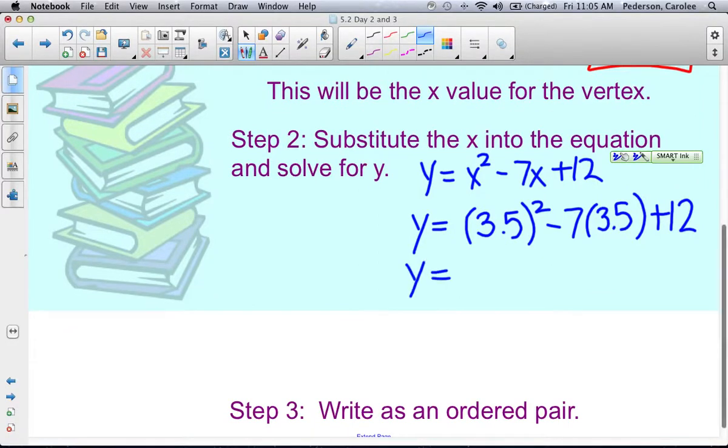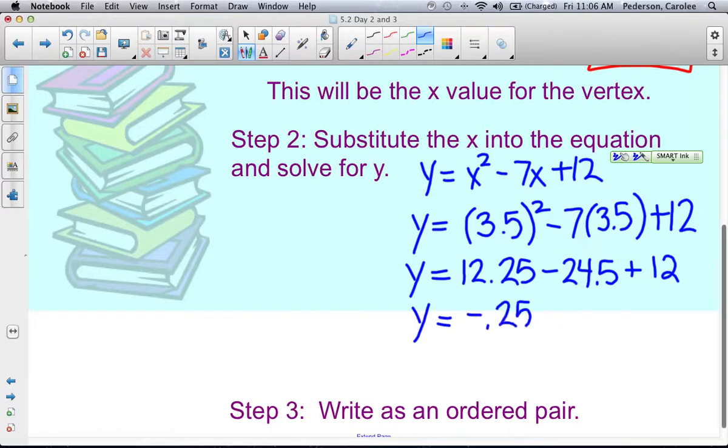Now 3.5 times 3.5 is 12.25. Negative 7 times 3.5 is negative 24.5. And then we have the addition of 12 at the end. When you combine those terms together, you get negative 0.25.